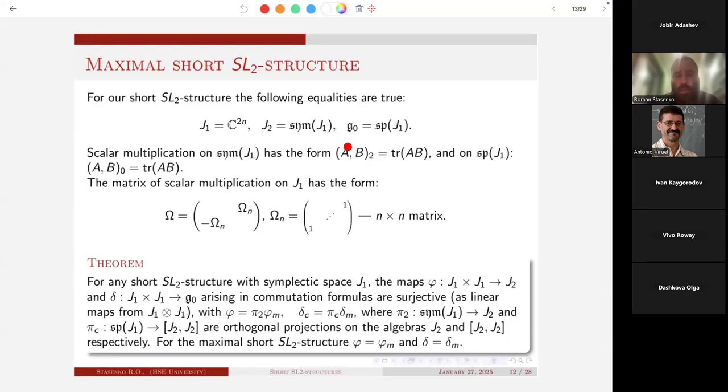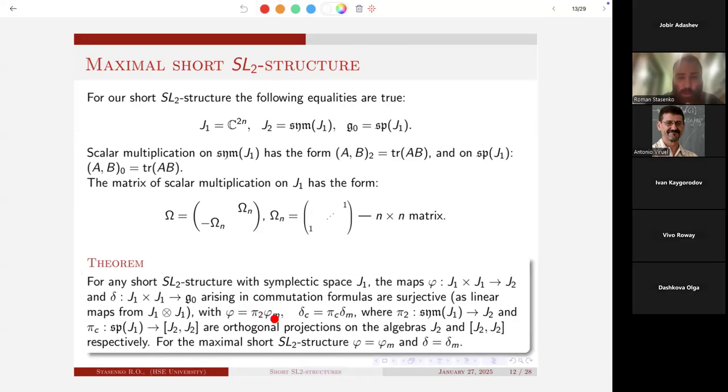Here we can always calculate the scalar multiplication on J1, as you can see, for any short SL2 structure with symplectic space. We can now see how the maps phi and delta look in the general case. In the general case, they are as follows.